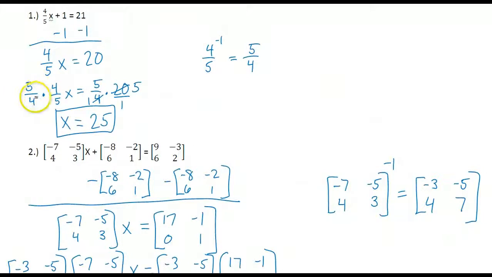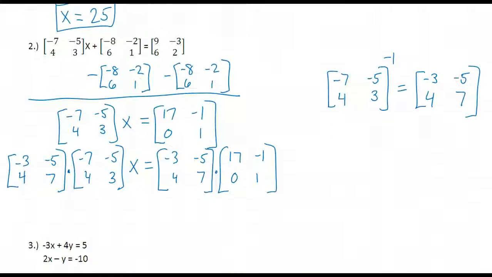Kind of like I had 5/4 on the left and 5/4 on the left. I'm going to do the same thing here. I have to have my inverse matrix on the left of my left side and on the left of my right side.